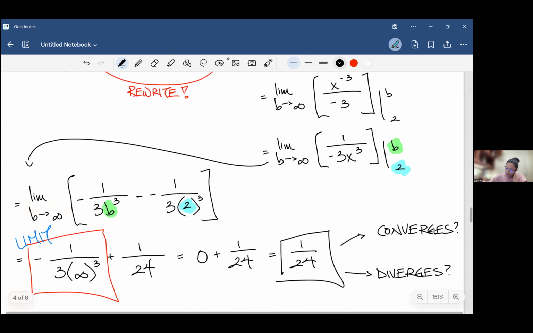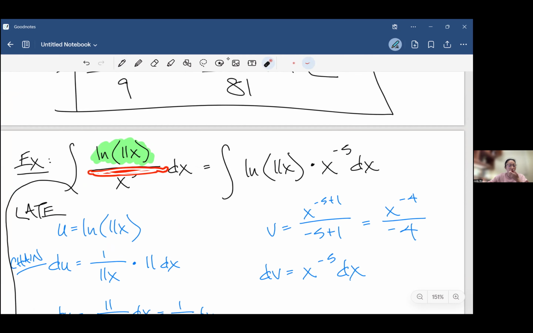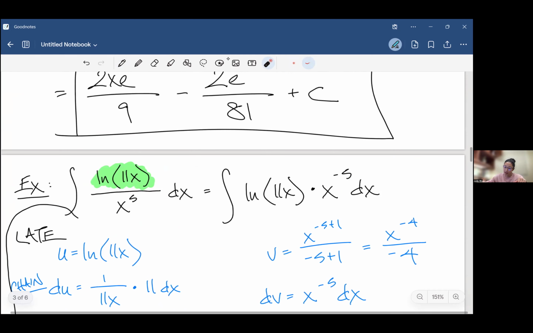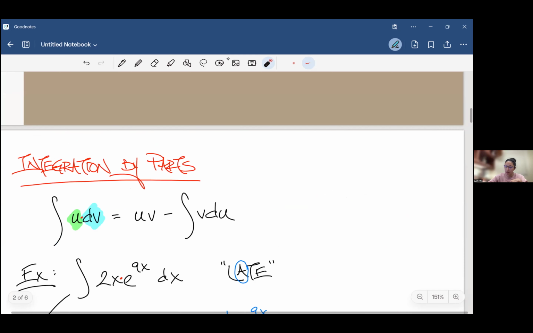Where, let's go back a little bit, where we kind of had things that were divided by each other. But the difference here is when I see two different kinds of functions, like a log and a polynomial, or like an e and a polynomial, like we had in this one. When I'm mixing and matching function types, that is a pretty good indicator we want to use integration by parts, okay?